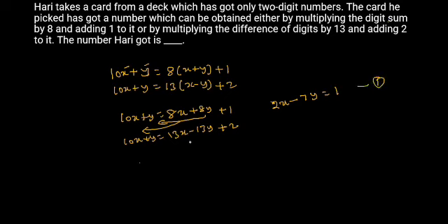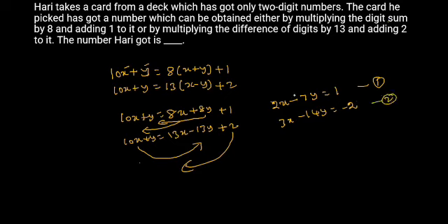Now for the second equation, we bring terms to this side, and it will be 3x minus 14y is equal to minus 2. So now this is equation number 2.